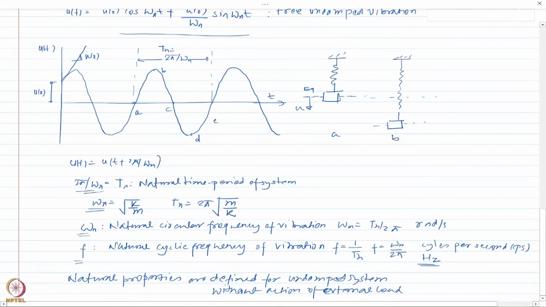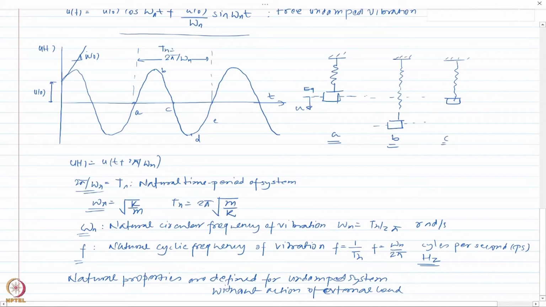So this is position A, this is position B. It will go to this maximum position, and then it will start coming back to the equilibrium position. So this would be again C here.